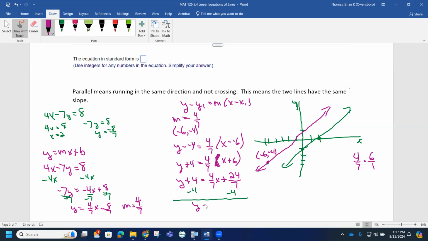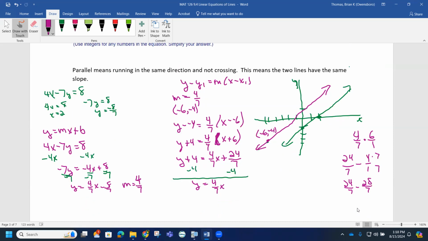So that's going to be y equals 4/7 x, and then we have 24/7 minus 4/1. Since you need a common denominator, you multiply this by 7 over 7. So that's going to be 24/7 minus 28/7, which is a negative 4/7. So this is going to be minus 4/7.